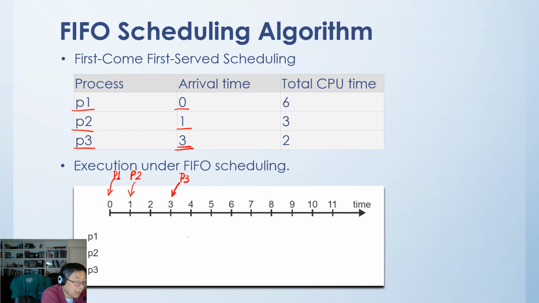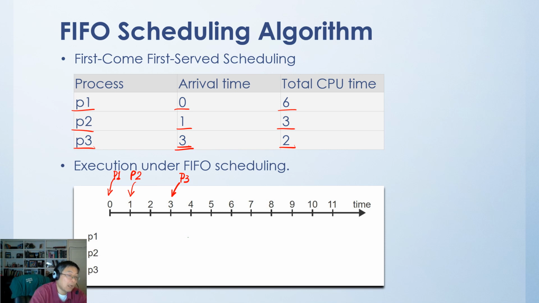Each process also has a total CPU time, remember the parameters we talked about for the process. Process 1 is going to run 6 time units, process 2 is going to run 3 time units, and process 3 is the shortest one, running only 2 time units.